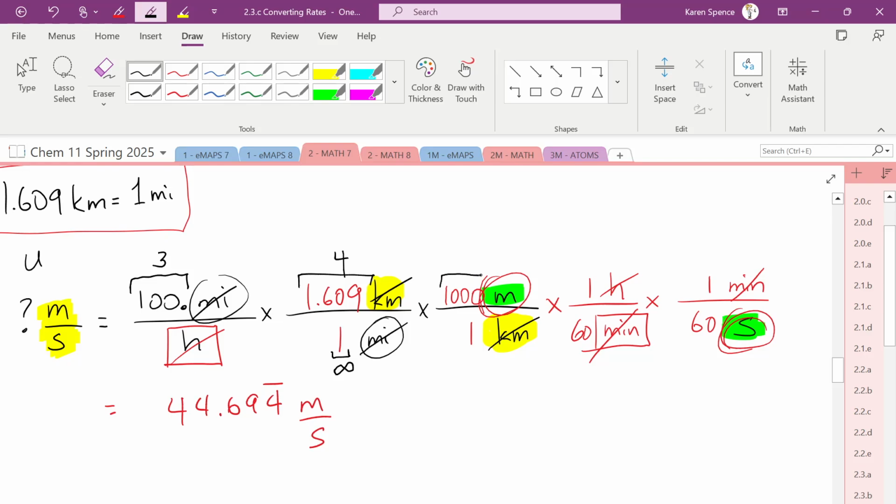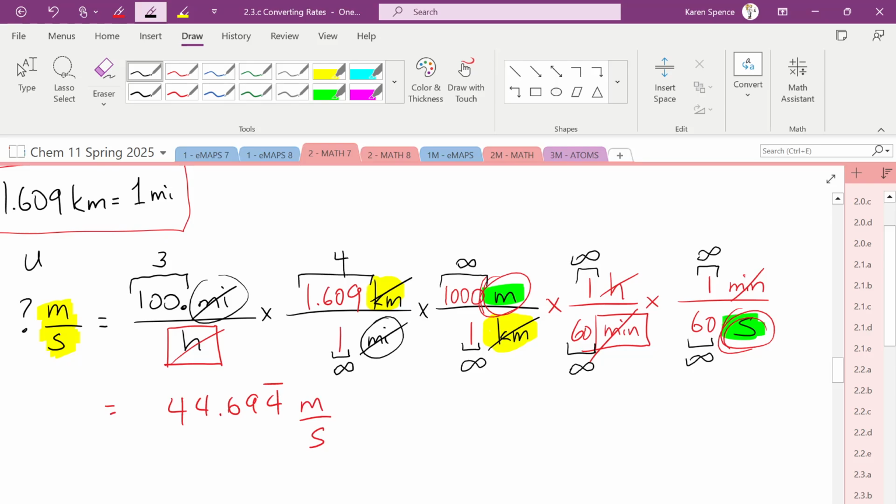How many in 1,000 meters? Infinite, because it's the same measuring system. How many in 1? Infinite. How many in 1 hour? Infinite. All of these are defined. You're not wondering, are there 60 minutes in an hour? Could it be 61? No, it's exact.